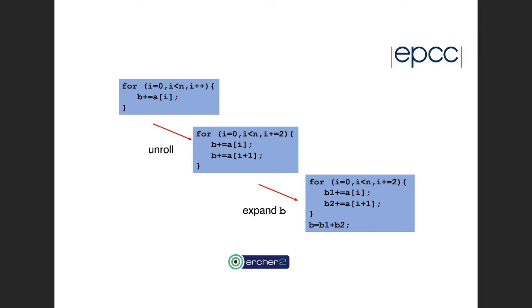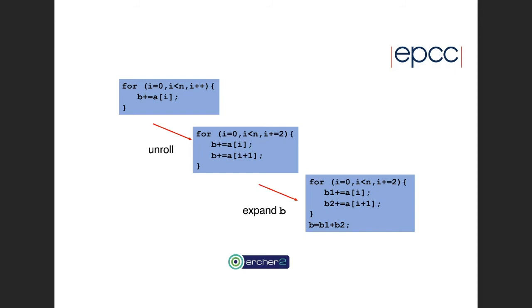Okay, so I can do loop unrolling on this example, but I still have a formal dependency between those two statements. The value of B that I use in the second statement depends on the value that was calculated in the first statement. But the compiler can do something to break this dependency.